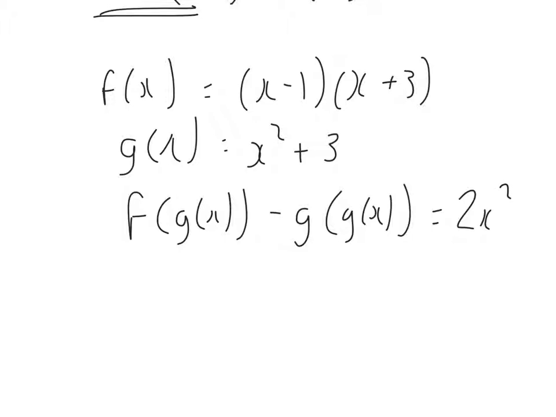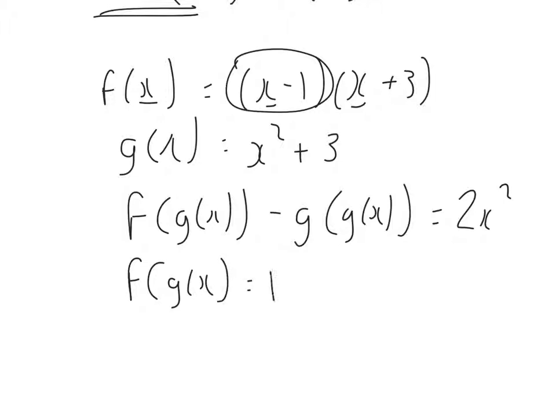Well, the f function is whatever's in the bracket, you write it down, you take away 1 in a first bracket, multiplied by, you write it down again in a second bracket, and add 3.